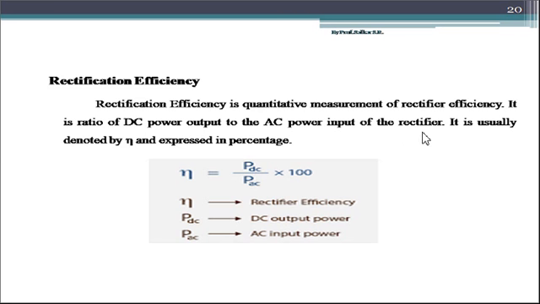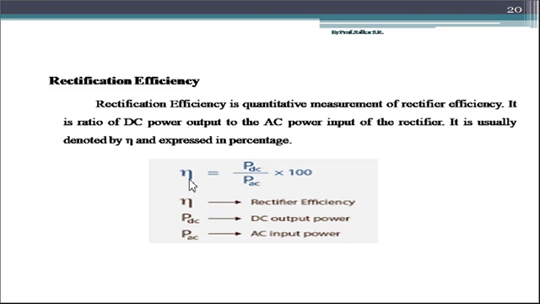We know rectifier converts AC signal into DC signal, but that DC is impure DC. We already know the formula of efficiency is output upon input. In case of rectifier, the output is DC power and the input is AC.